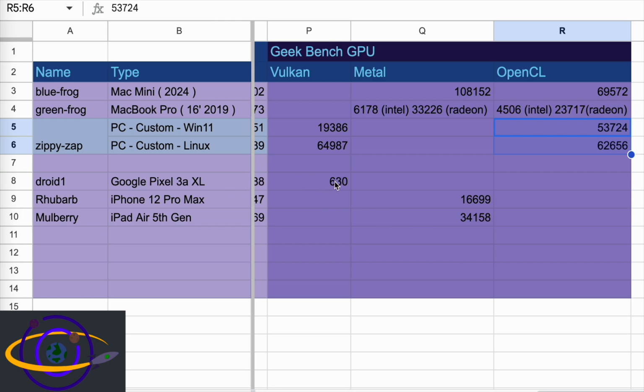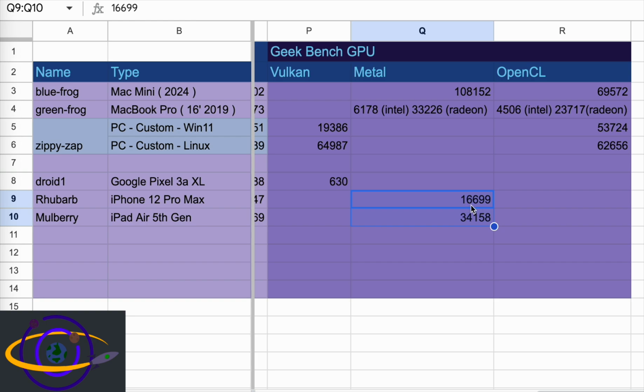Now, the last thing we're going to cover is the mobile devices. Obviously, the Google Pixel's pretty low for GPU. It only had the Vulkan test, and it's just pretty low results. Now, for the iPhone and the iPad, no OpenCL for these. We only had the Metal framework to compare with. So the iPhone, 16,000.